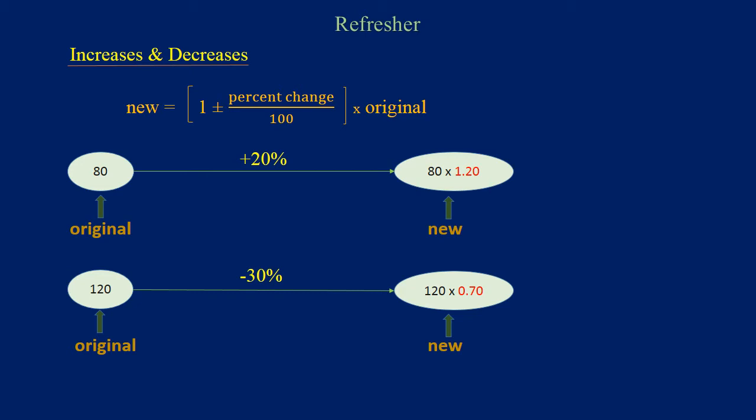Similarly, in case of decrease, we subtract the percent change over 100 from 1. So if we have a value like 120 and we're asked to decrease it by 30%, we multiply the original value, 120, by 0.70 to get the new value, right?